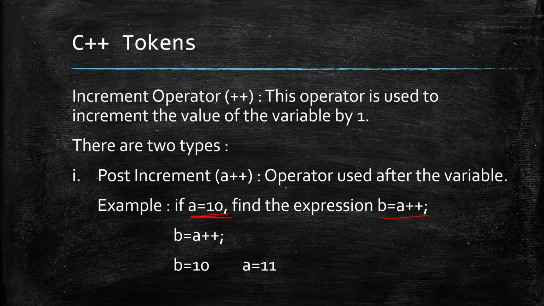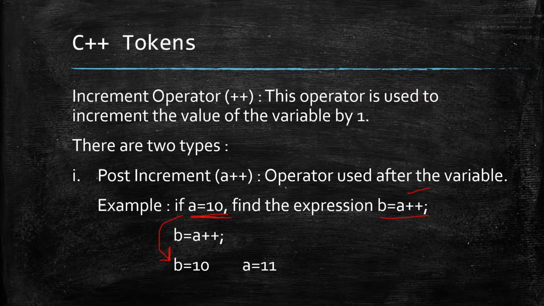Whenever you get post increment a plus plus in expressions of this kind, you directly write the value of a to b. This is a shortcut method so that you understand better, and you can use this in exams also, as it is time saving.